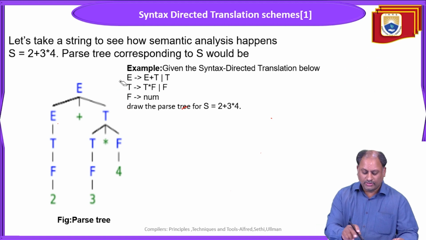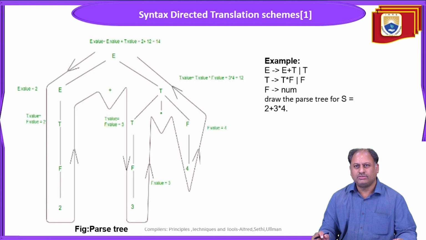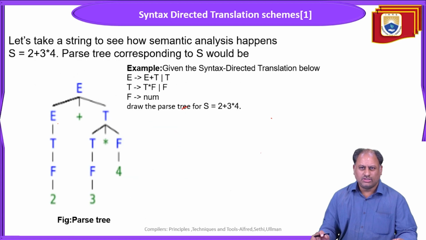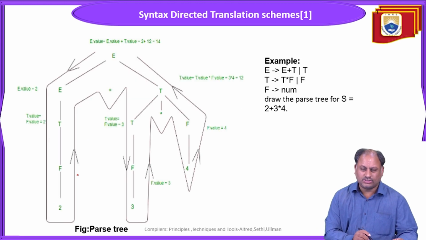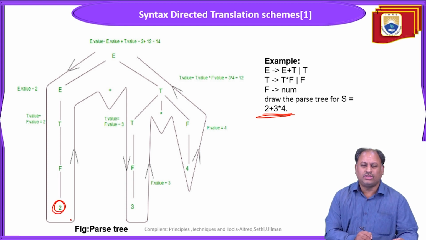Now, how can the attribute association values be calculated with these productions? Take this same example: how has the summing up of all the values for the string 2 plus 3 star 4 taken place while constructing this parse tree? See here, 2 is the number.